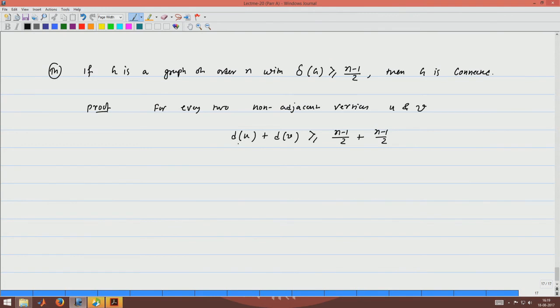So, the sum of these two degrees is greater than or equal to n minus 1. So, using the previous theorem, G is connected.